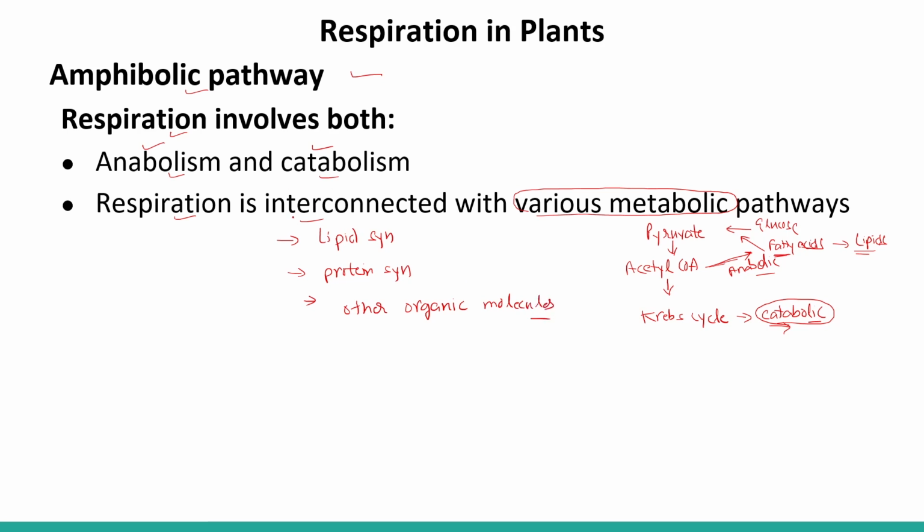Because respiration is interconnected with various metabolic pathways, this can lead to either catabolism or anabolism depending on the requirement of the organism.